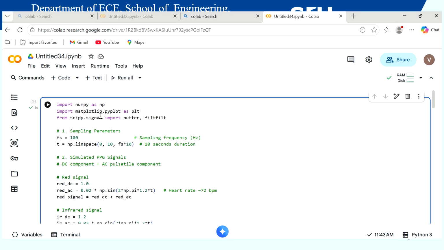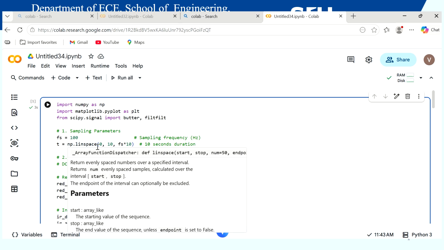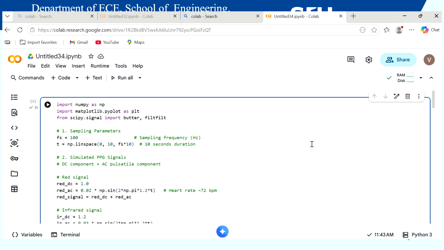So first we take import np, the NumPy library, an important Python library. Then import matplotlib.pyplot as plt.